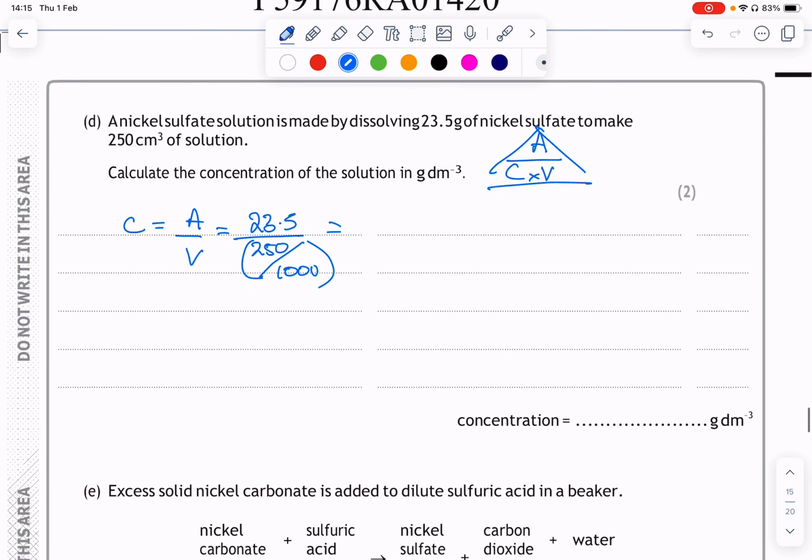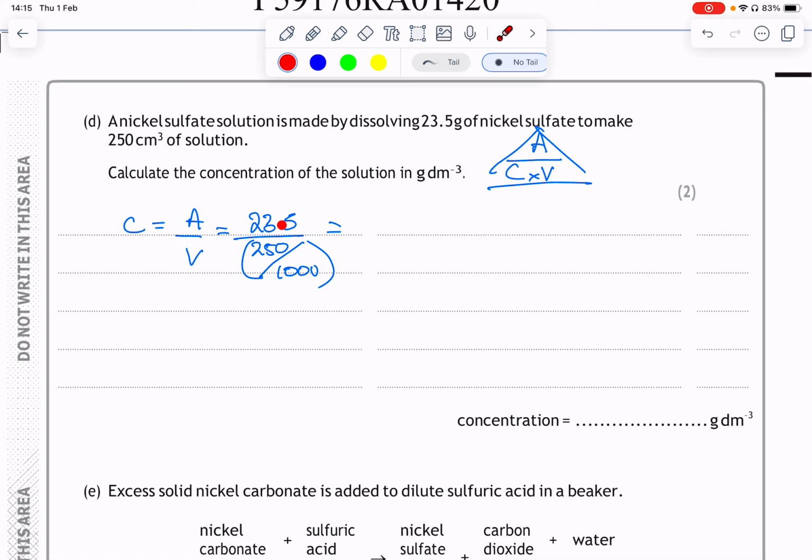The next one's a calculation. It wants us to calculate the concentration of this solution. So this is my triangle. This is a chicken vindaloo, which is amount, concentration, volume. We're trying to find the concentration. So concentration is amount divided by volume. So that's what we've got written here, amount divided by volume.